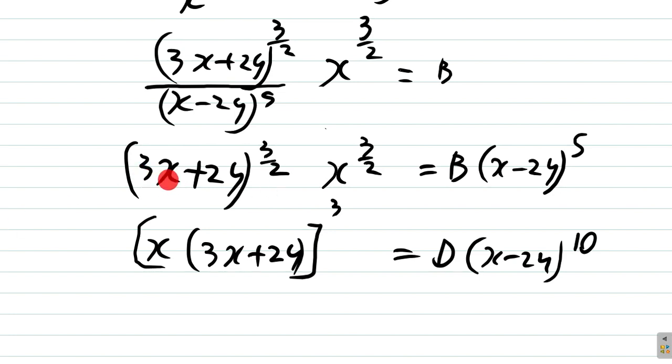Before we squared both sides, this was 3x plus 2y to the 3 over 2, x to the 3 over 2 equals b, x minus 2y to the power of 5. That's nice.